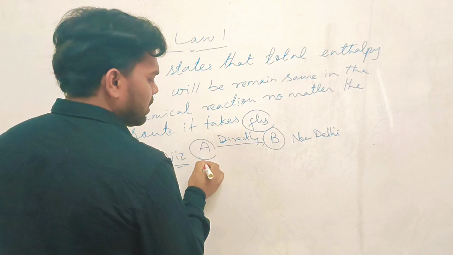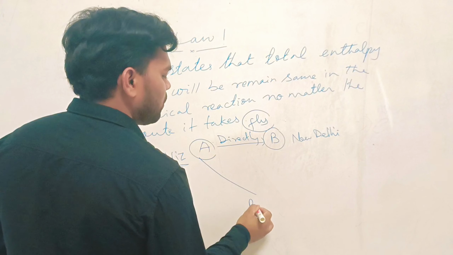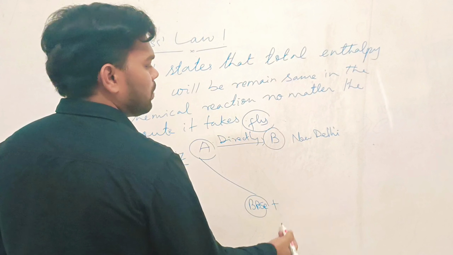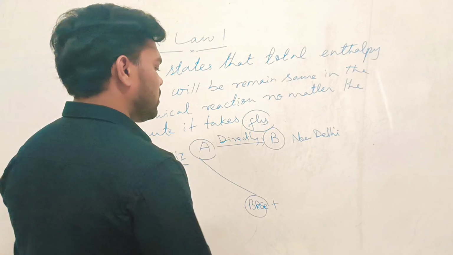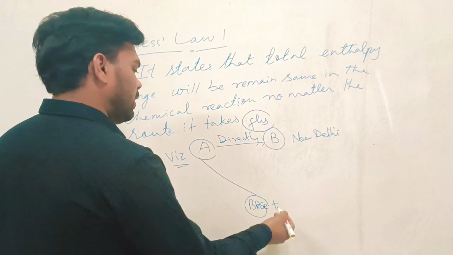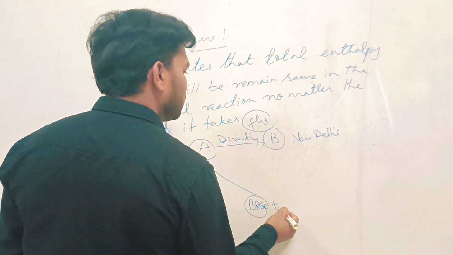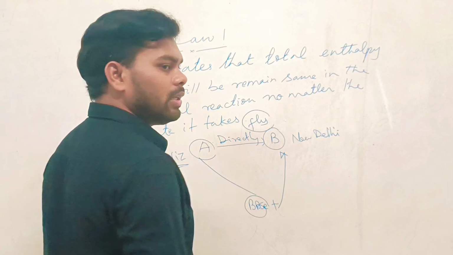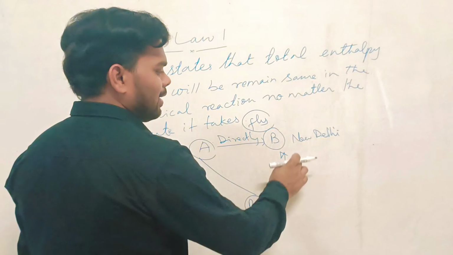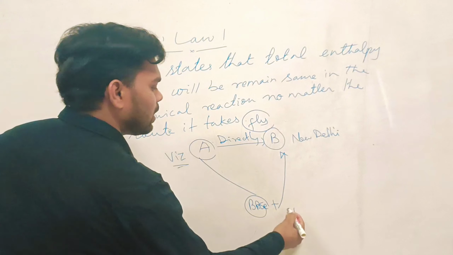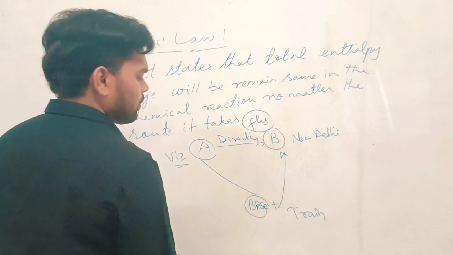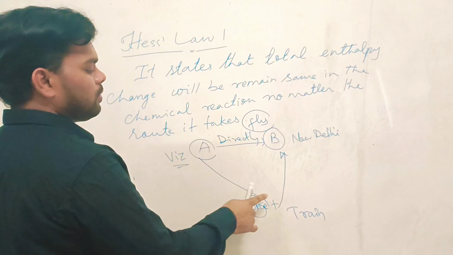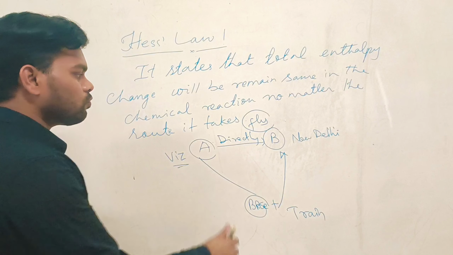So let's say from Vizag to Bhubaneswar, and again from Bhubaneswar, one more train, and then you go to New Delhi. So this is called the indirect path, the indirect path through train. It is several steps: Vizag to Bhubaneswar, Bhubaneswar to New Delhi.